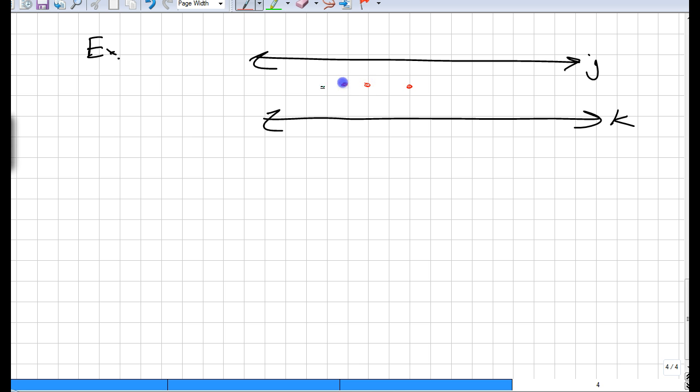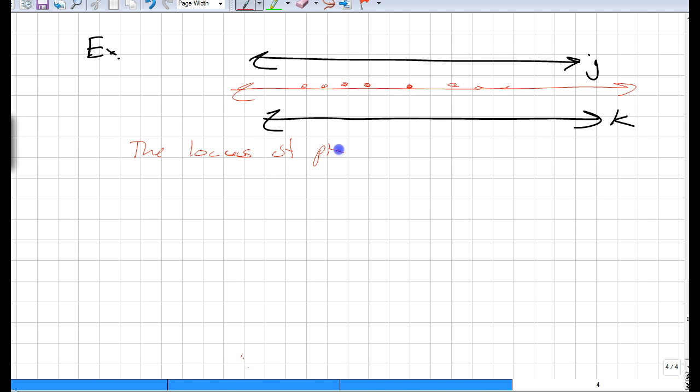Here's one, here's one, here's one, here's one. We're working in a plane because lines are in a plane. And so we see that the red line would be the locus of points equidistant from J and K in a plane. And so we need to describe that.